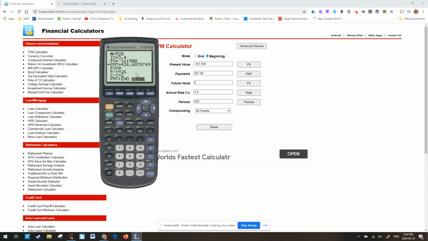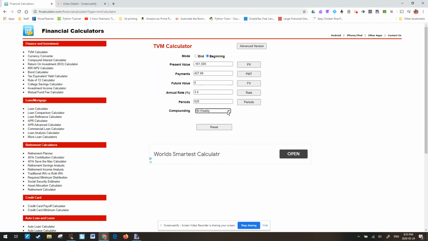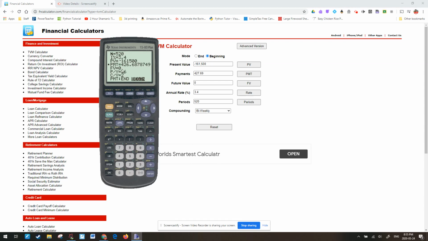So look, I've set this up pretty much the same way. Present value, negative 161,500. Number of payments, 520. Interest rate, 3.4%. Payments per year. So bi-weekly is the same thing as 26 payments per year.